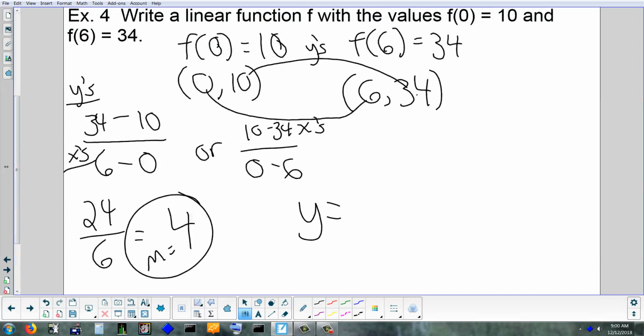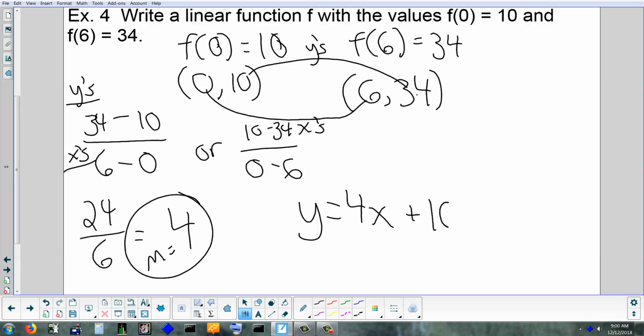When you look up there, do you see m anywhere? So what am I going to write after the equal sign? 4. Anything else? 4x, right? When we find the slope, we want to make sure we put the x with it. What's the last thing I want to write to finish off my equation? Miguel? Which is going to be? 10, right?